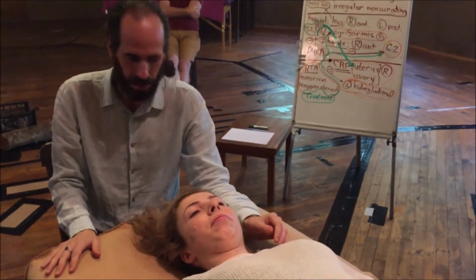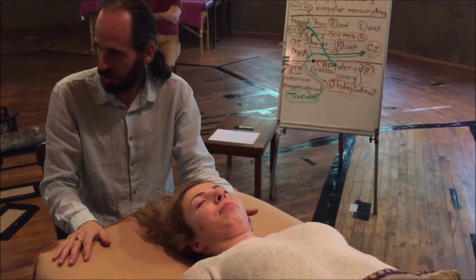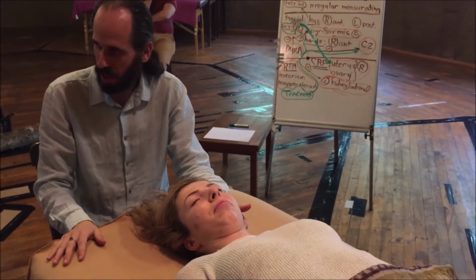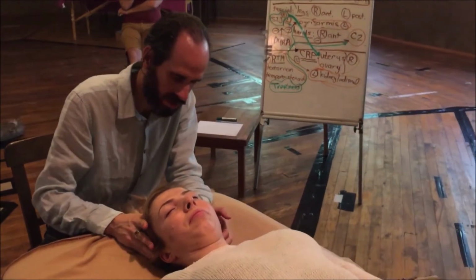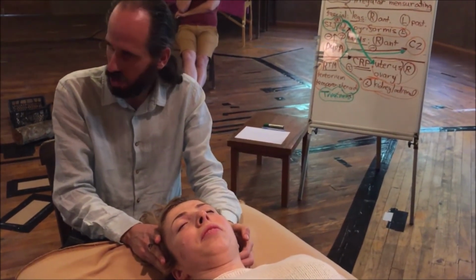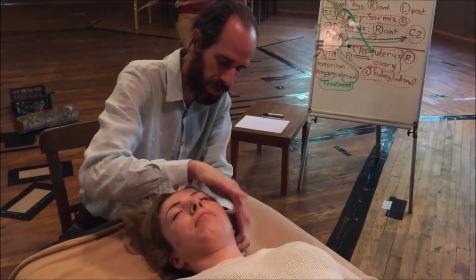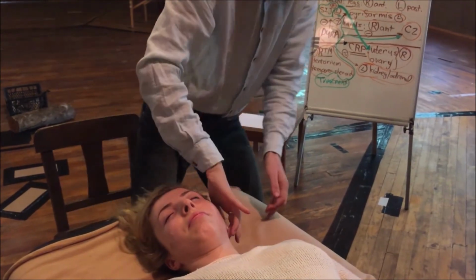Now I'm going to inhibit. I'm going to press the suture, and we're going to check it again. Is this sensitive here? Yeah. So now I'm pressing directly on the suture.